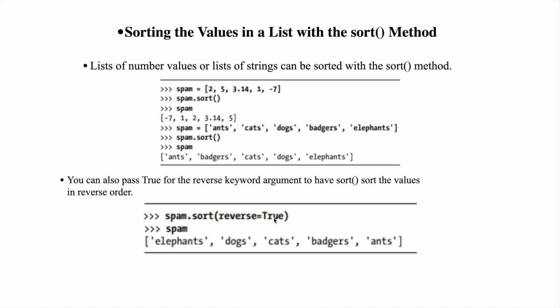It will sort, but in reverse order. For example, see elephants, dogs, cats, bad girls, ants. Ants displayed last, elephant displayed first. Reverse order, not the regular order. By using reverse is equal to true, you can achieve this. In the sort method, you can pass this argument reverse is equal to true.